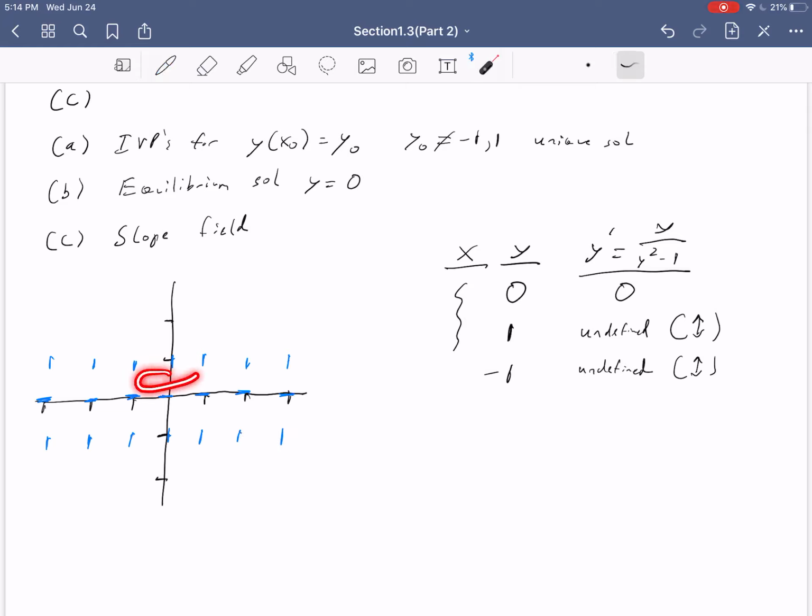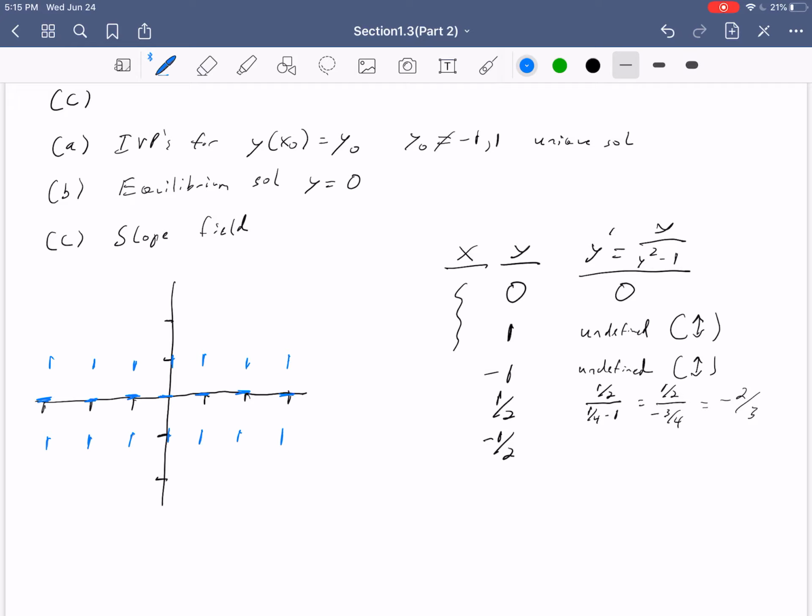Might be nice to know what goes on in here, though we can probably guess, but let's try something like 1/2 or -1/2. If you plug in 1/2, you're going to get 1/2 over 1/4 minus 1, which is 1/2 over -3/4. I guess that's like -2/3. So if we have that, we're going to have a negative slope in there.